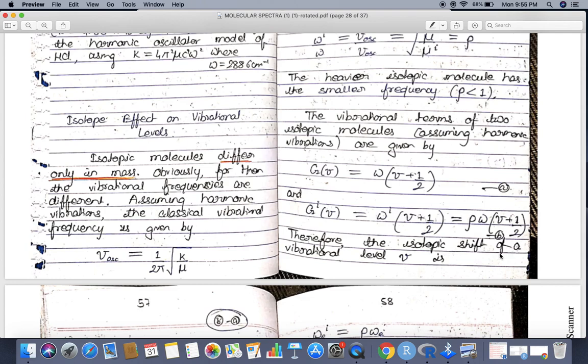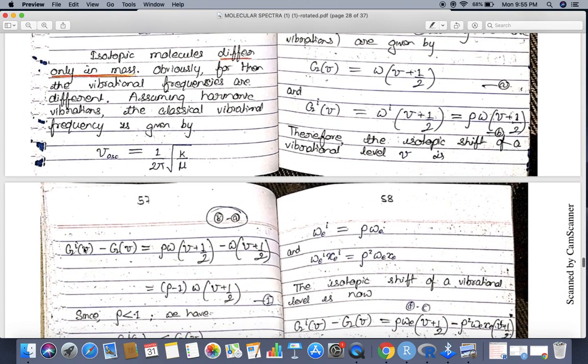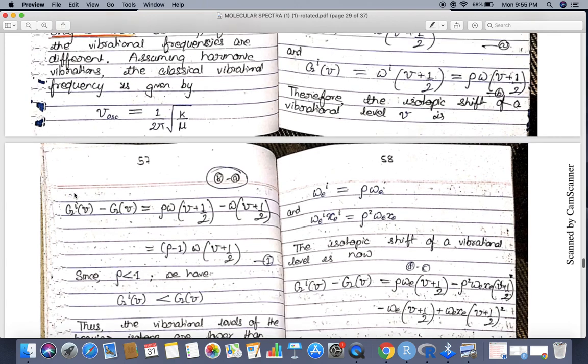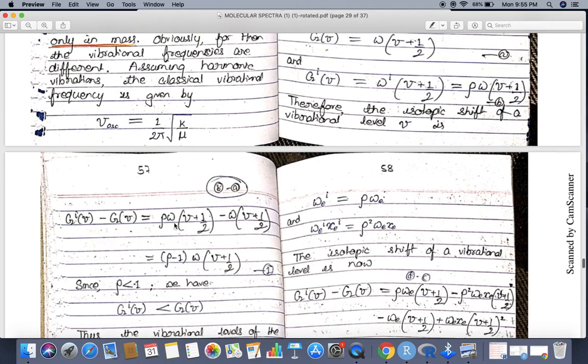Therefore, the isotope shift of a vibration level ν is given by G^i(ν) − G(ν). Now we have the two states: this is for the isotope and this is the normal one. So just putting in this value, ρω(ν + 1/2) − ω(ν + 1/2) is simply equal to (ρ − 1)ω(ν + 1/2). Since ρ is less than 1, obviously I will be getting a negative quantity.